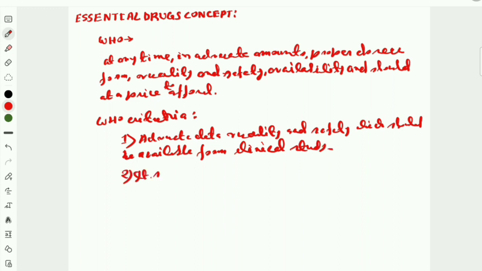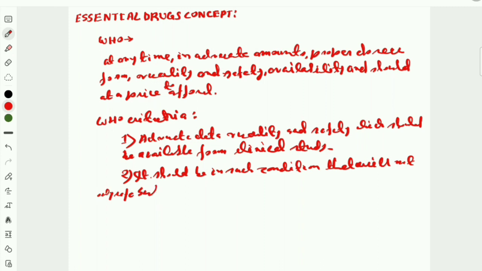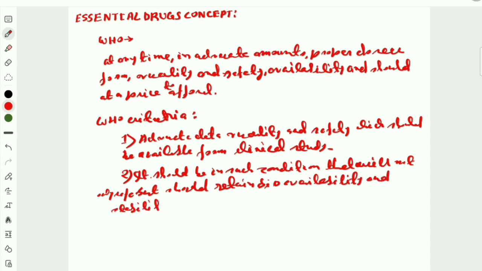It should be in such a condition that it will not only save but should retain the bioavailability and stability during storage.